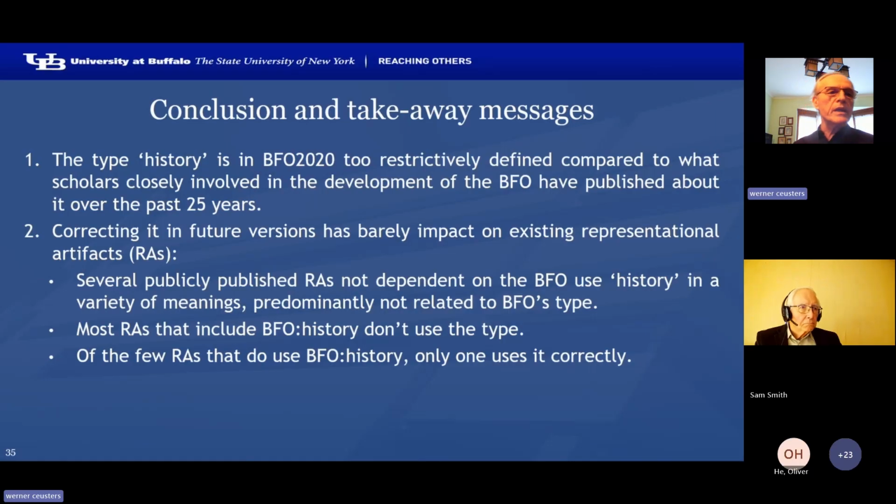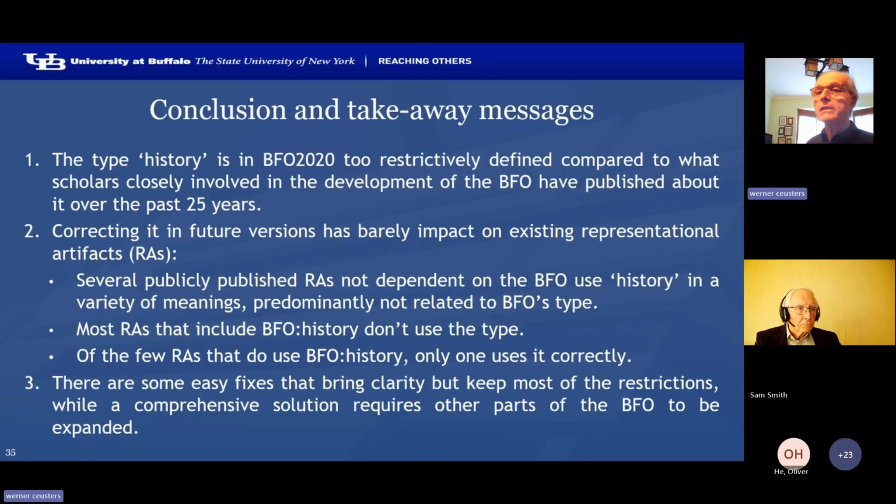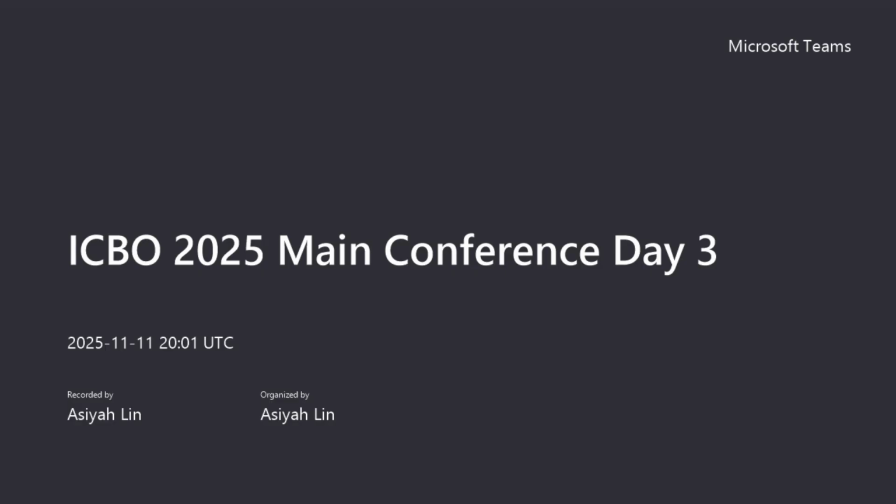So if they want to keep their claim that they are compatible with the BFO, they will have to change their subtypes of history anyhow. And lastly, there are some easy fixes that at least bring some more clarity, but that have the disadvantage that they keep all the restrictions, while a comprehensive solution requires other parts of the BFO vocabulary to be expanded as well.